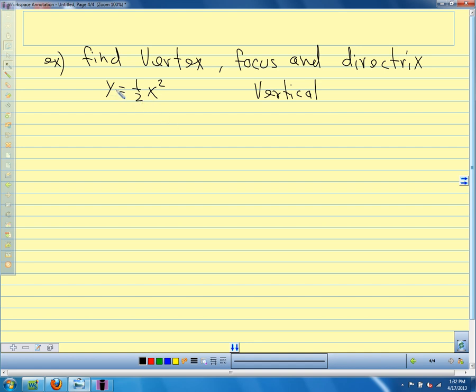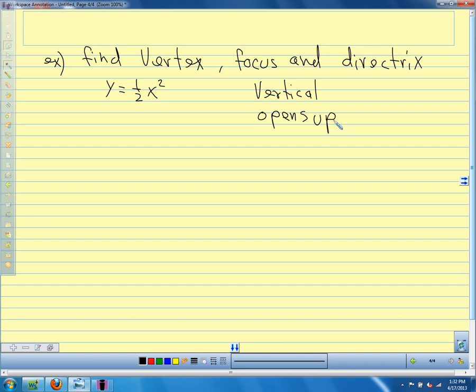We have y equals 1/2 x squared. So everything's positive, so does it open up or open down? Since p is greater than 0 and everything's positive, we know it opens up.